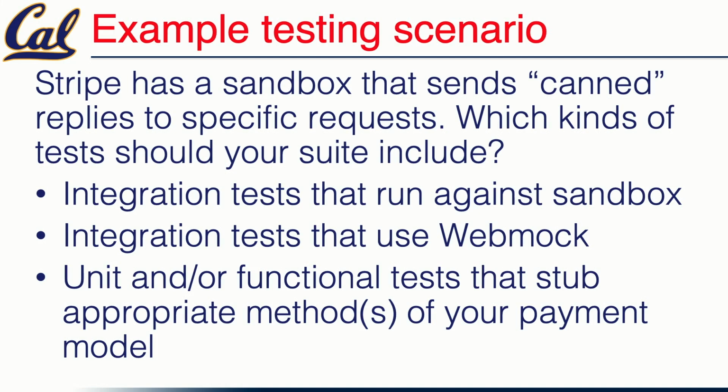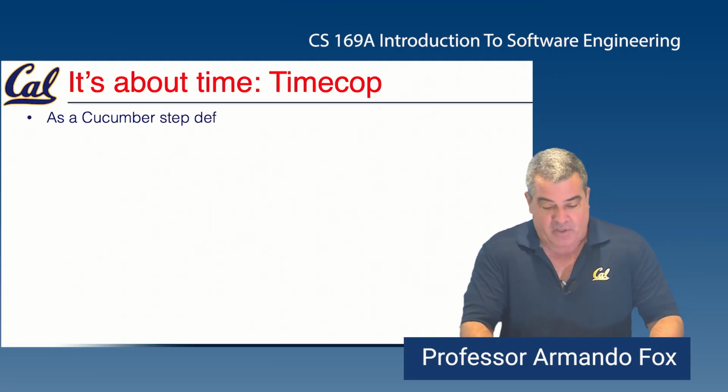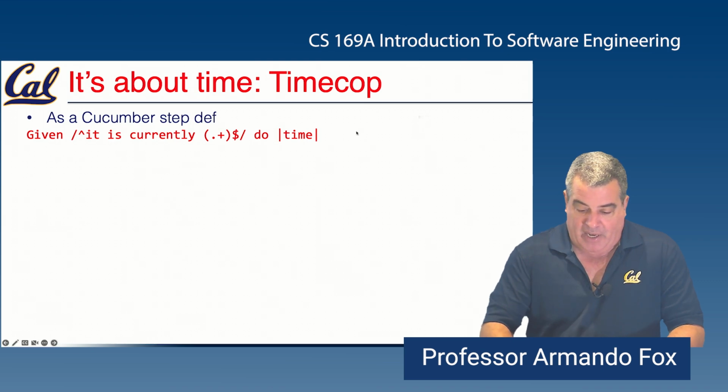And now that we know about these different kinds of mocks and stubbing, you can stub out the entire internet, we can revisit the discussion of tools like TimeCop that essentially allow you to stub the system time. Basically, they allow you to have the application believe what time it is so that you can test time-dependent behavior. So how would you use something like this in a Cucumber step definition?